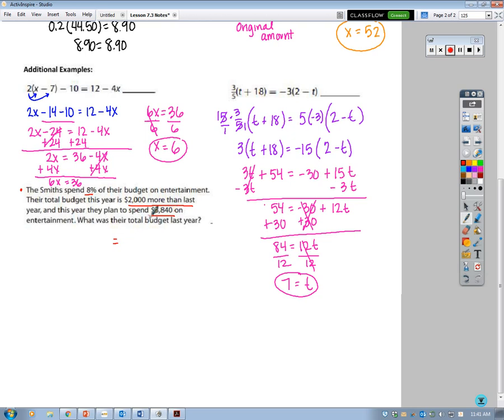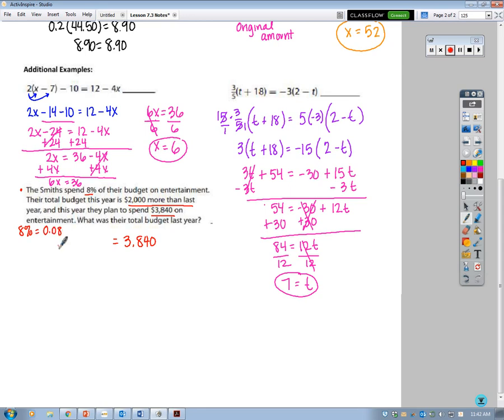And we know that this year they want to spend this much. So $3,840 should be what they spend, but we are trying to determine what the total budget was last year based on this information. So 8% as a decimal is 0.08, so 8 hundredths.